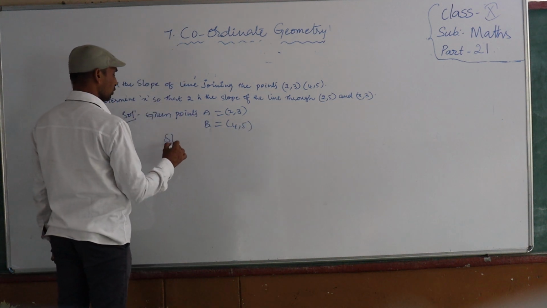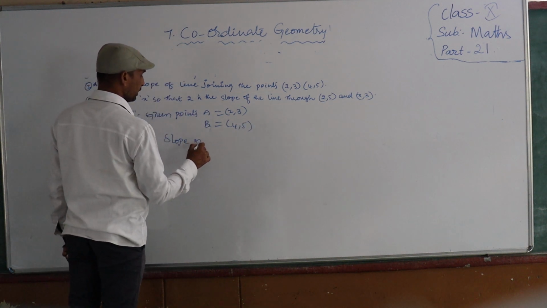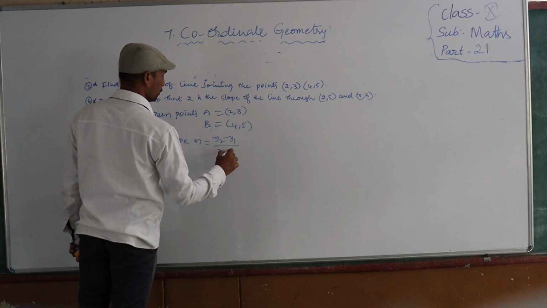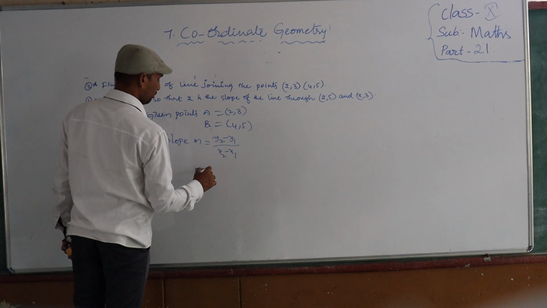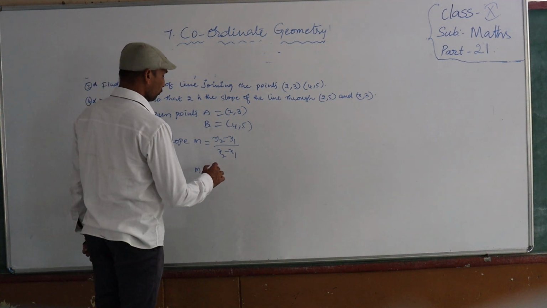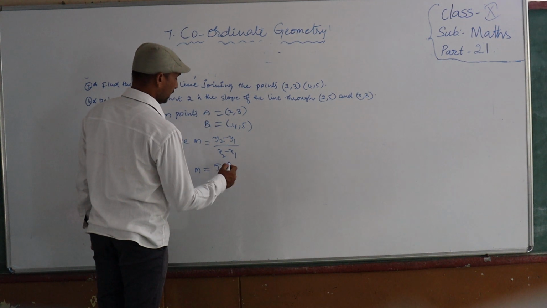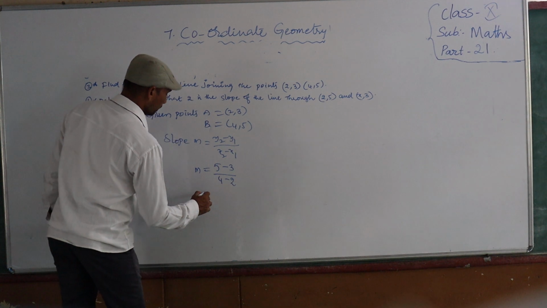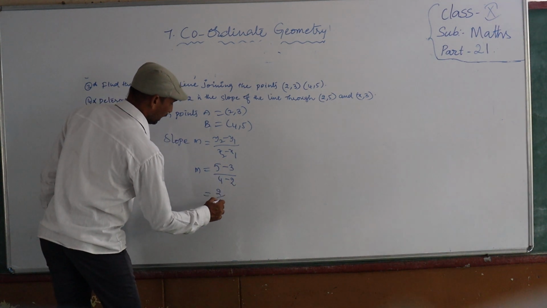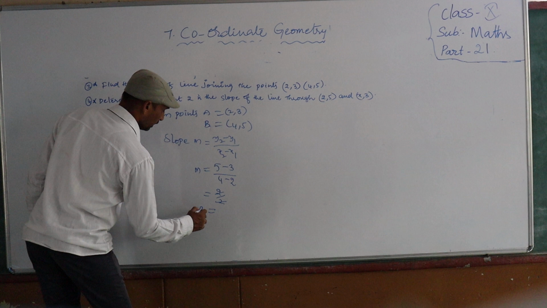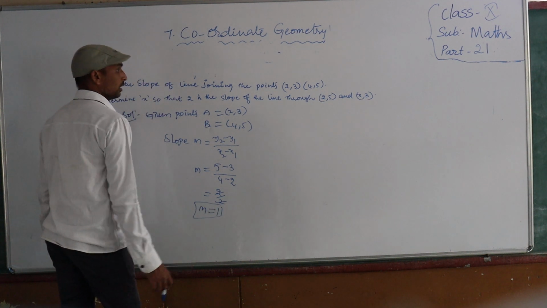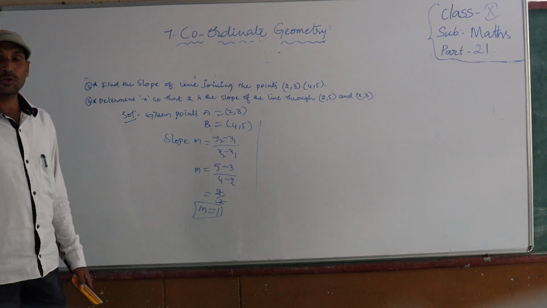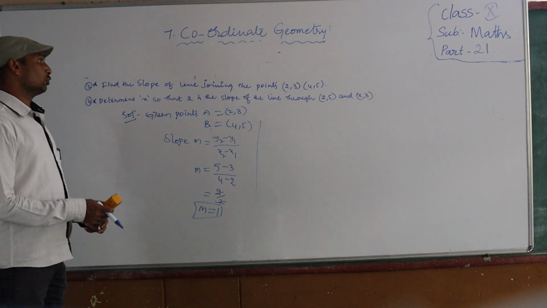We have to find the slope m, which is equal to (y2 minus y1) by (x2 minus x1). M is equal to (5 minus 3) by (4 minus 2), which is 2 by 2, cancellation, m is equal to 1. So this is the third one, to find the slope of the given 2 points.